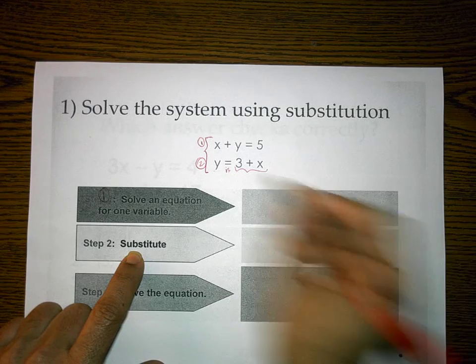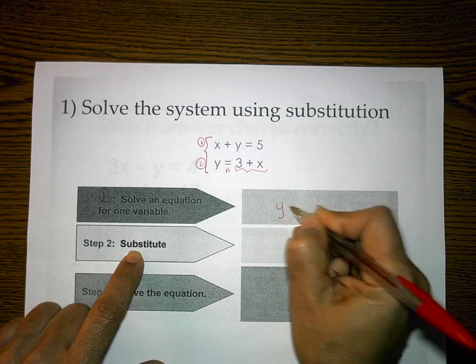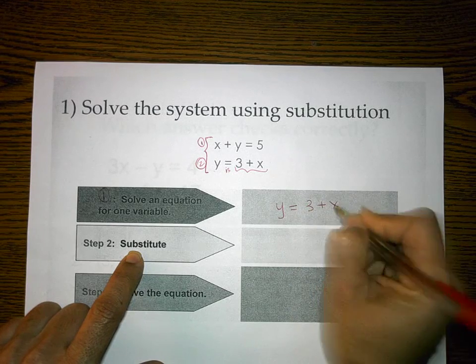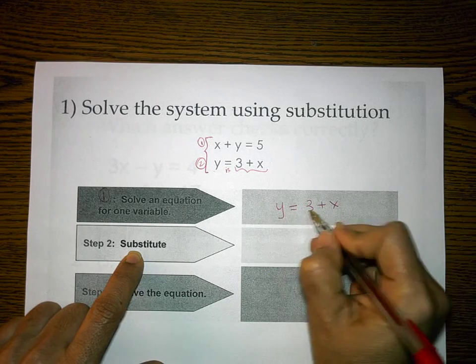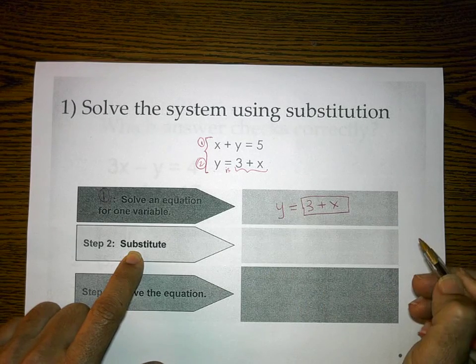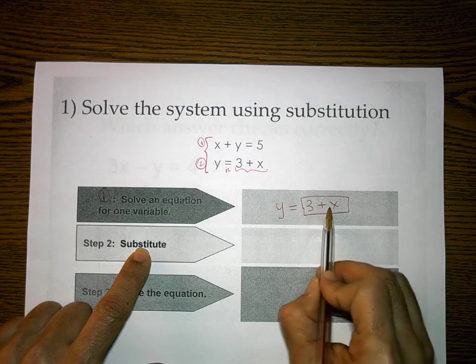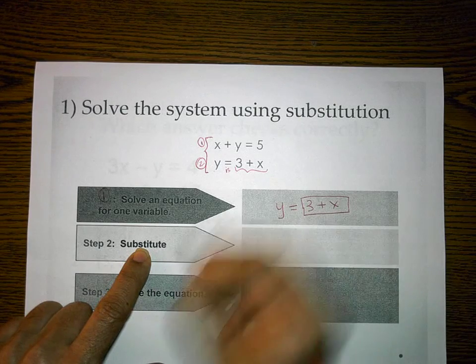Step number 1 says to solve an equation for one variable. I already have it. I'm going to use y equals 3 plus x. So whenever I see a y, I'm going to replace it with 3 plus x, okay? So substitute that value of y into the other equation.